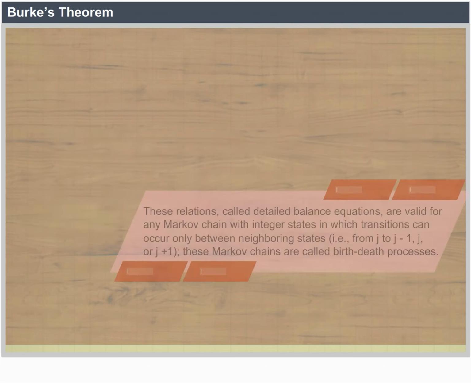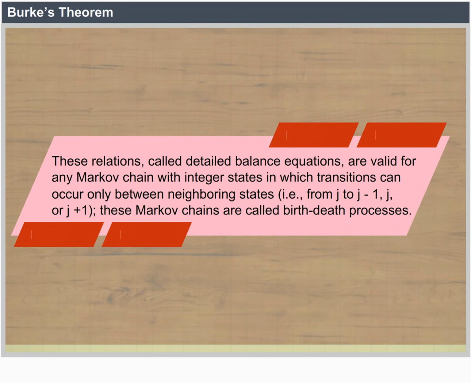These relations, called detailed balance equations, are valid for any Markov chain with integer states in which transitions can occur only between neighboring states, that is, from j to j minus 1, j or j plus 1.